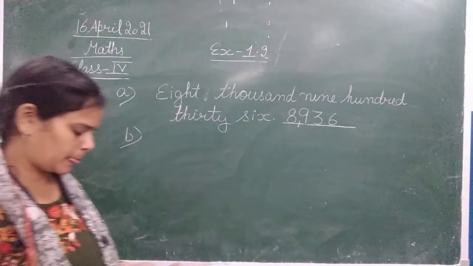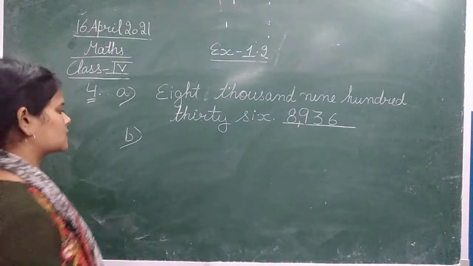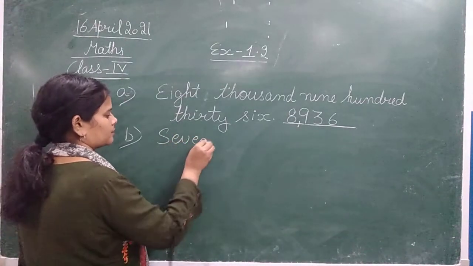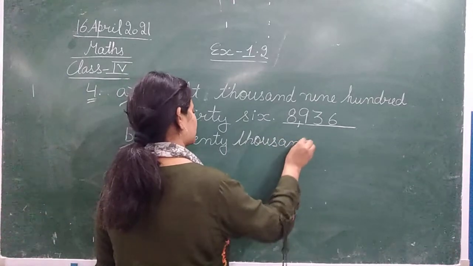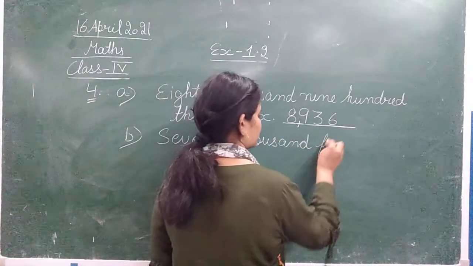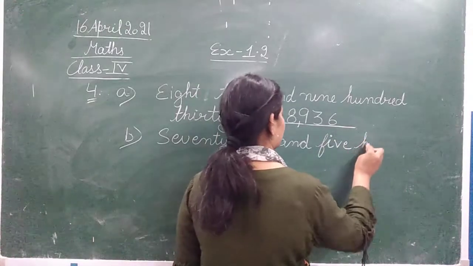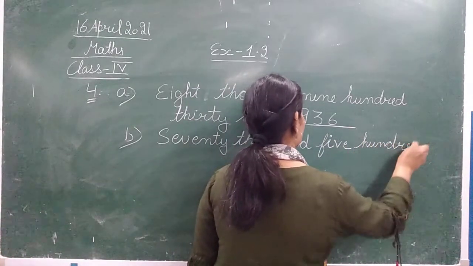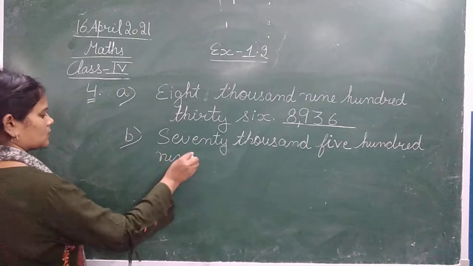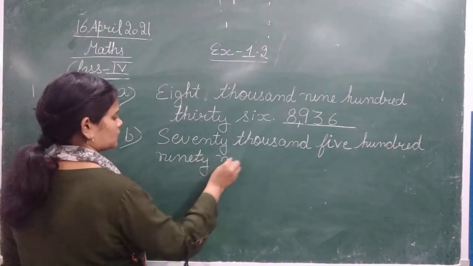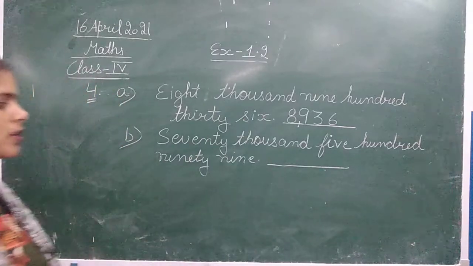Moving next to the B part. In the B part, it is 70,599. Now we need to write down the number for this.